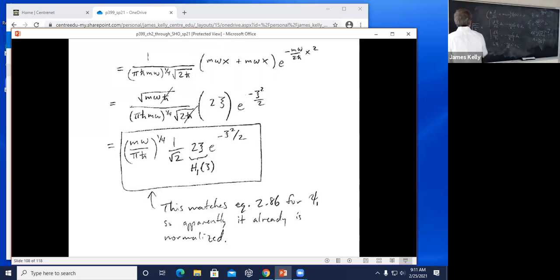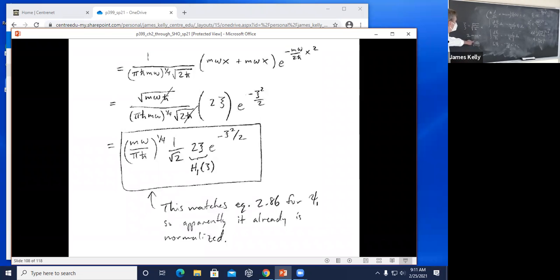So what I have is a 2 m omega x, and I want to write this thing as a xi. To do that, what I need to do is divide by the square root of m omega.